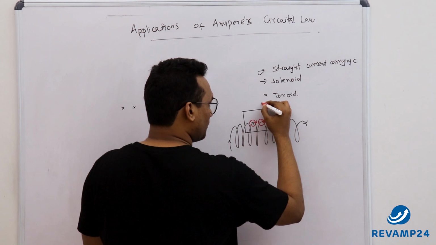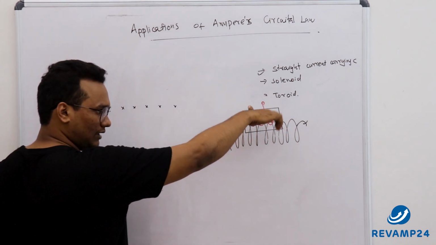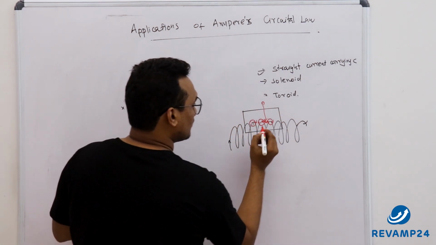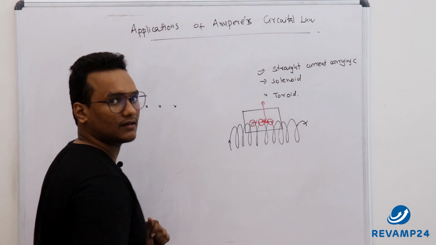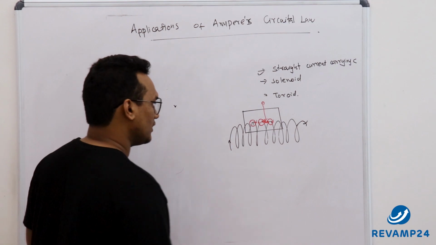I am talking about point P. At point P, the first coil gives a magnetic field in the downward direction, but the second coil gives it in the upward direction. These two magnetic fields will cancel, which means in between the coils there is no magnetic field.